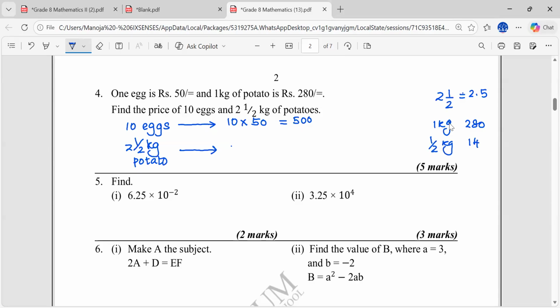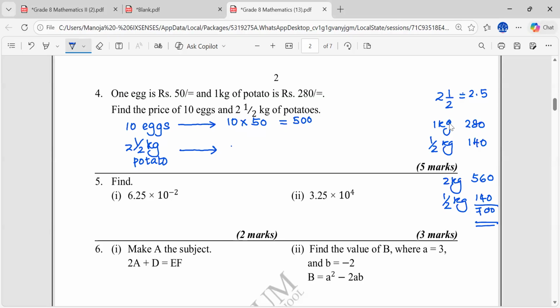It is 140, right? So first you can find the 2 kilos, which means the double. 2 times 8, 16, 2 times 2, 4 and 5. And then for the half a kilo, you have 140. You add them together.